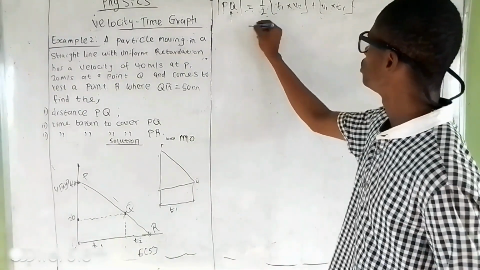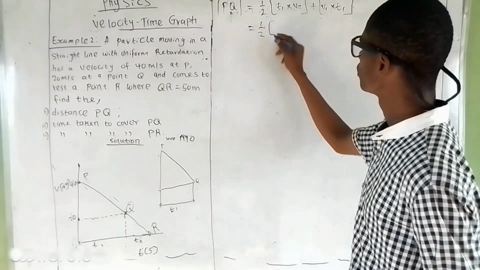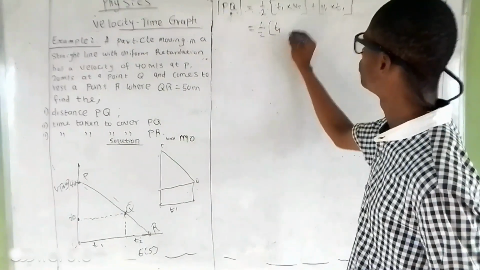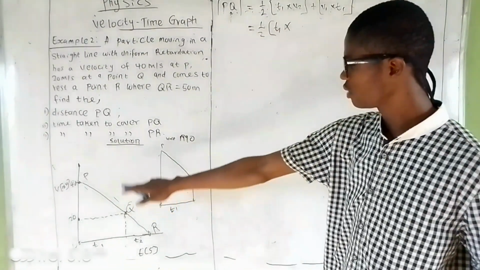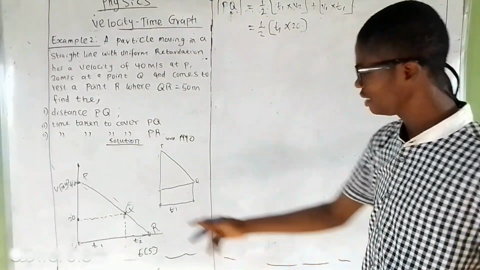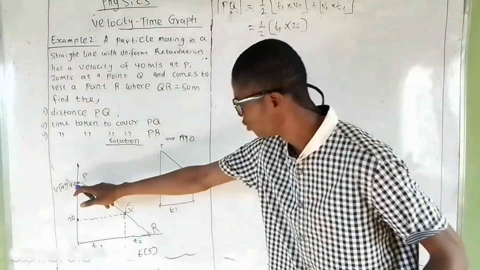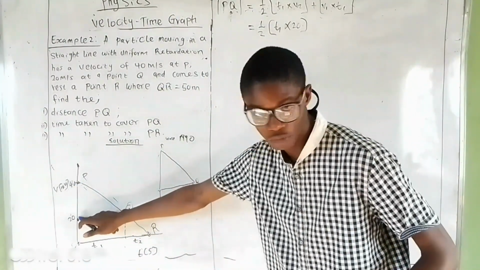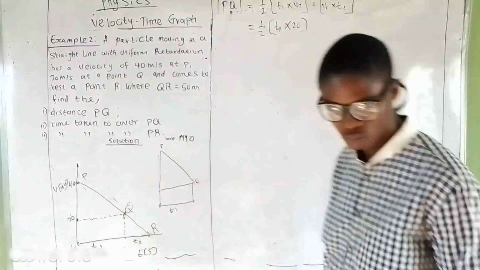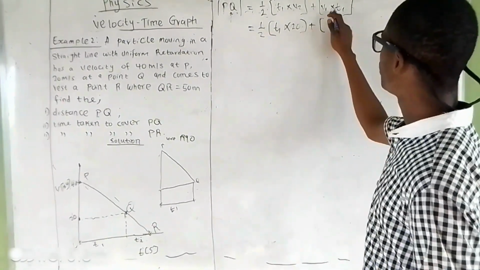So let's put it into what we have. So half, what is our T1? We don't know, times what is our V2? We have 20. But the decrease in the velocity was the same in the two cases. Moving from 40 to 20, which is 20 movement, then from 20 to 0, which is 20 movement, making 40. So plus here, we have V1.